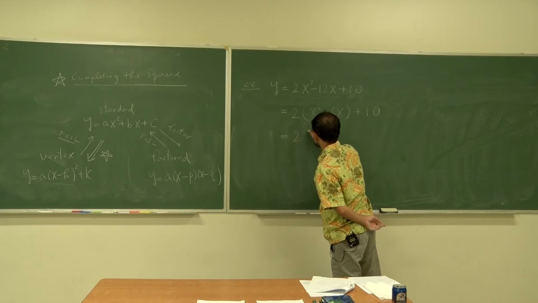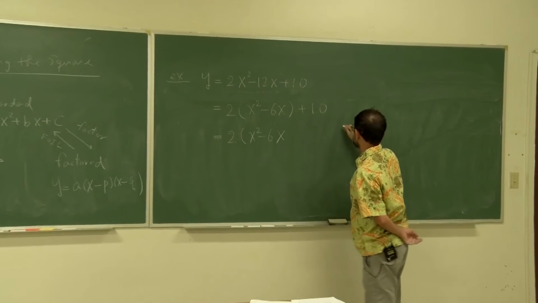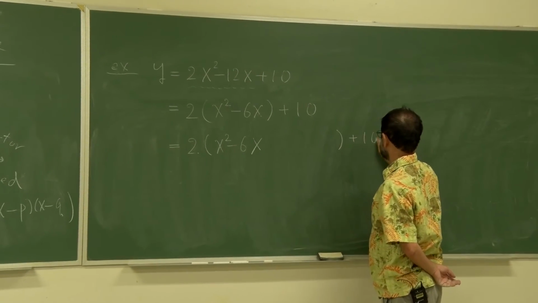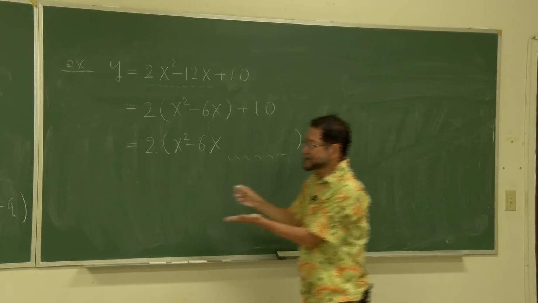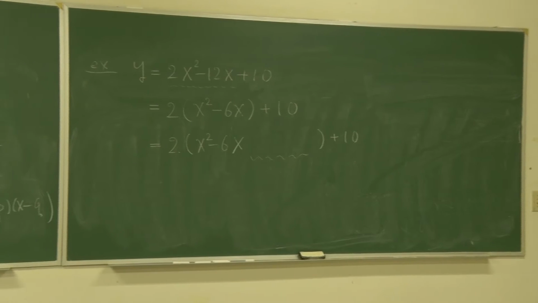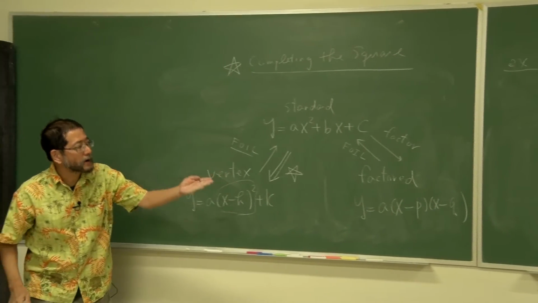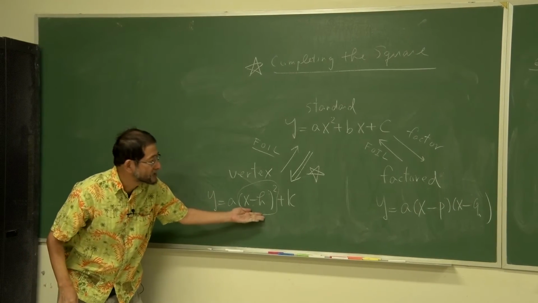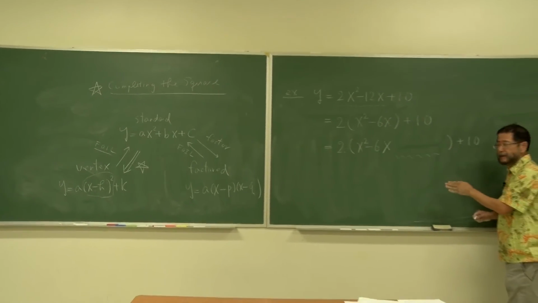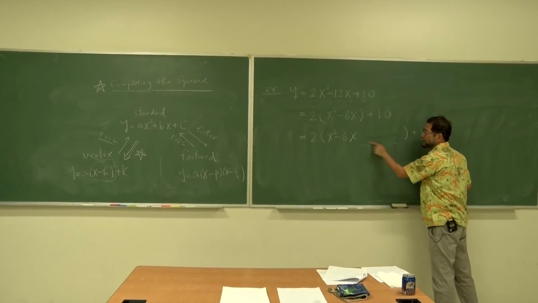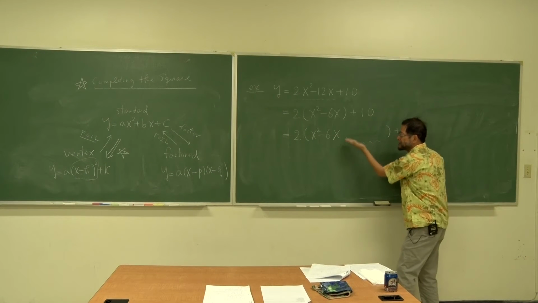The next step is crucial. Remember my goal is to get x minus h squared, so I really want to factor this part to get this. There's something missing here, and at this point it's hard to figure out what it is. So instead, imagine what happens in the next line.